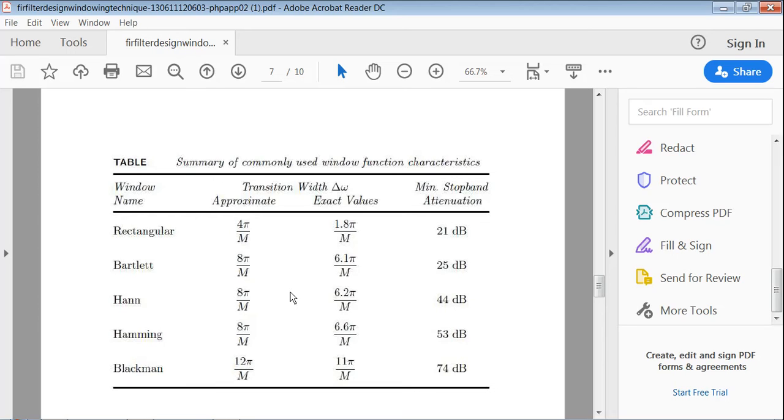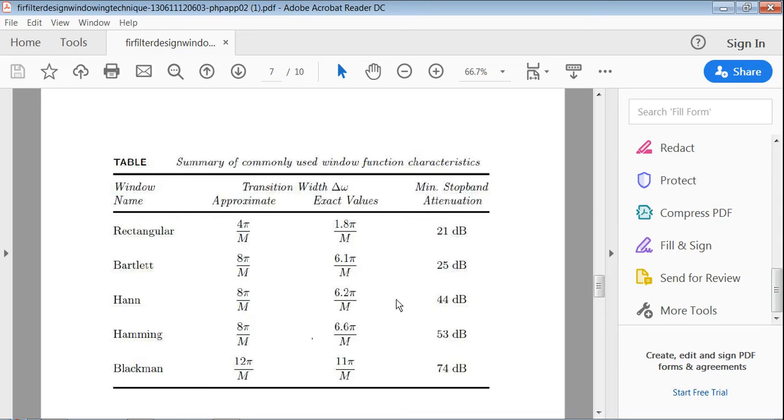That means the width of the transition band is very high, and so naturally the transition band will be present between the pass band and stop band, and some unwanted portion will also pass. So the Blackman window is not going to be suitable. So generally in practice the Hamming and Hanning windows are used.